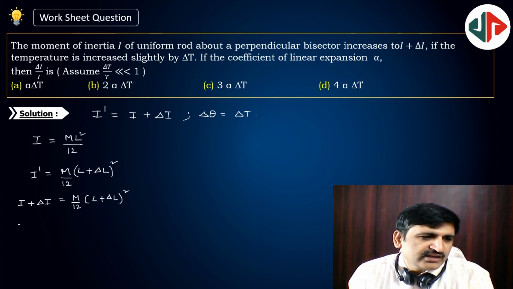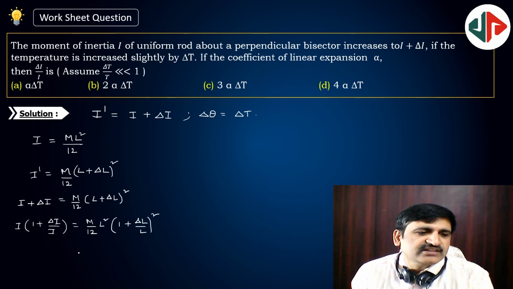So you take I common, 1 plus delta I by I, because I want that only. That is equal to m by 12 l square, you take common, so it will be 1 plus delta l by l whole square, because the square is there, that's why l square will come common.